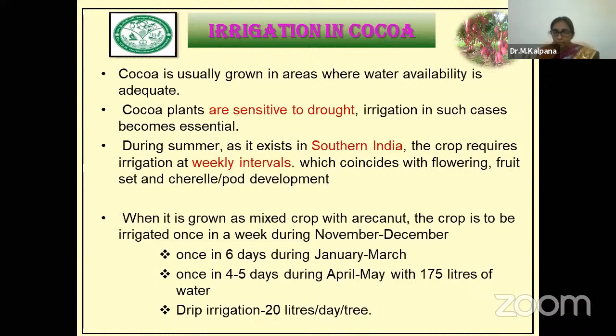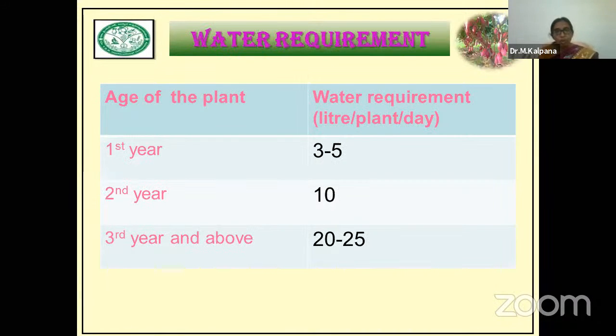During November and December, irrigate at weekly intervals. From January to March, irrigate once in 6 days. In the summer season, irrigate every 4 to 5 days with 175 liters of water. Through drip irrigation, we can give 20 liters per day per tree. This is the water requirement of the plant, which is very important.